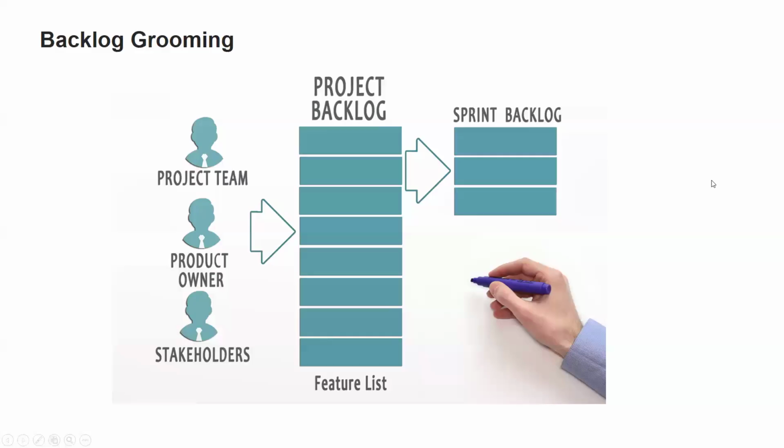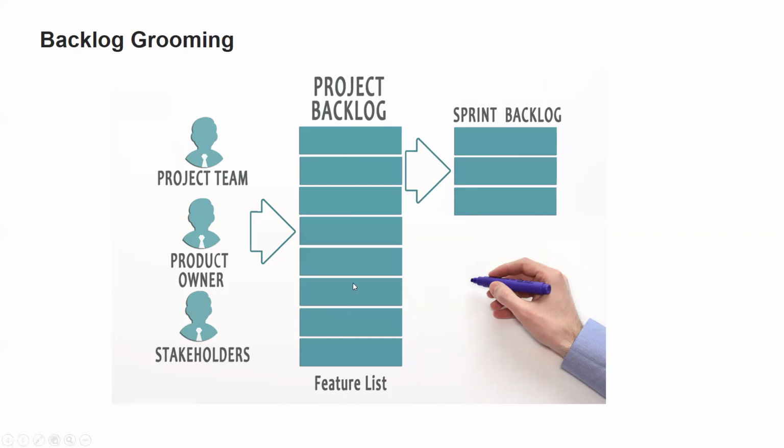So backlog grooming, as I said previously, so the project team, product owner, and stakeholders will determine the backlog, and this feature list will be prioritized based on the requirement. That's a project backlog, and during the sprint, tasks will be taken into the sprint backlog. This part will be done before the start of the sprint, probably previous week's Thursday or something.